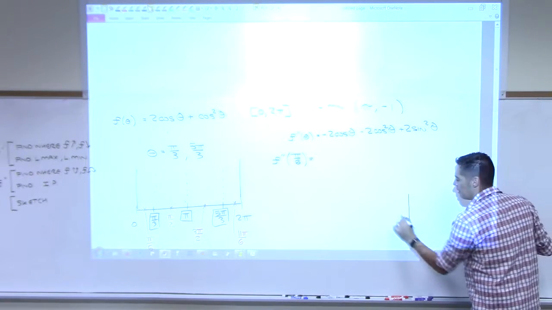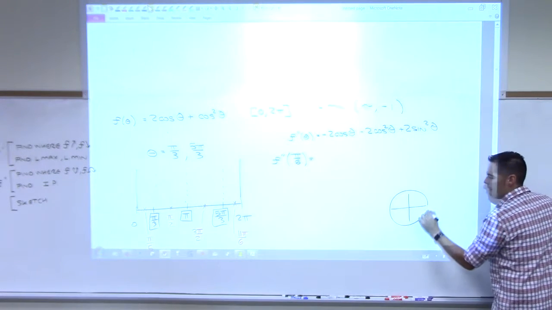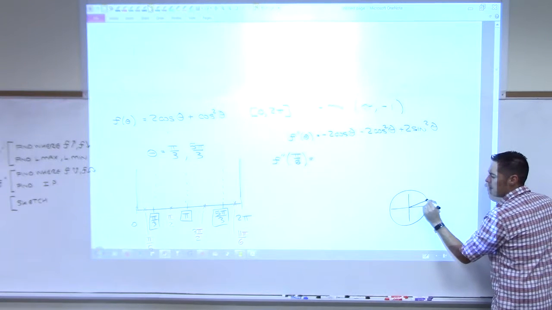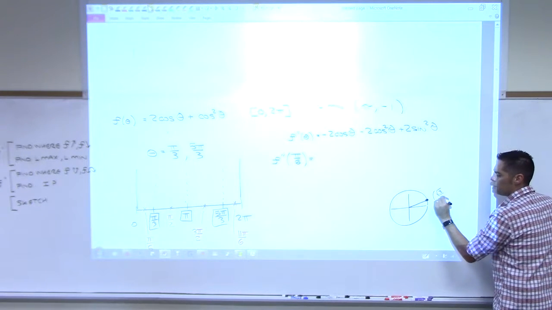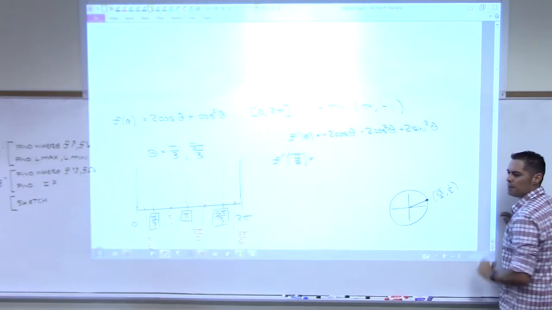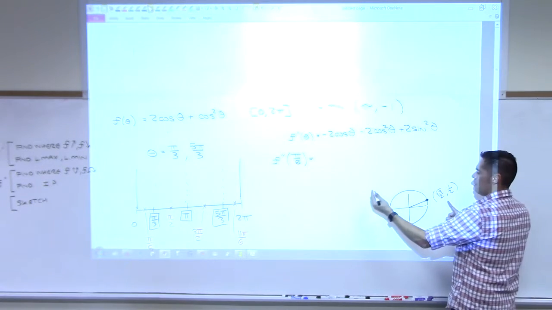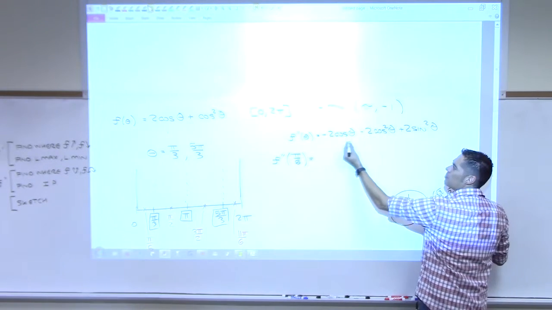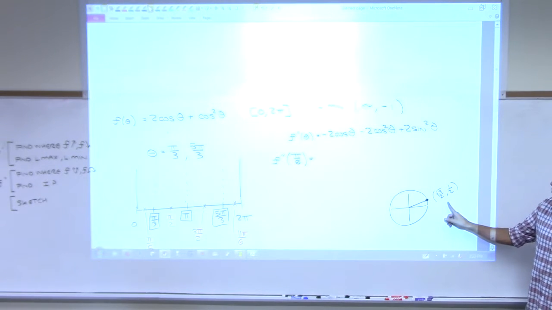I may as well take a look at this. I'm going to be at pi over 6, right? Pi over 6 is right here. That's the point, √3 over 2, 1/2, just as a reminder. What is cosine of pi over 6? √3 over 2.